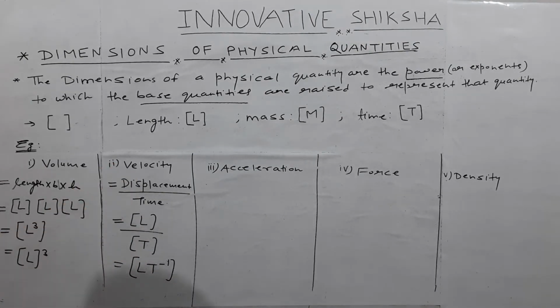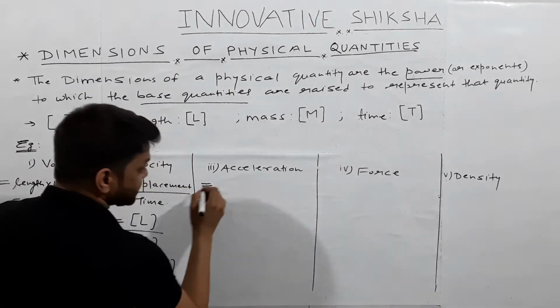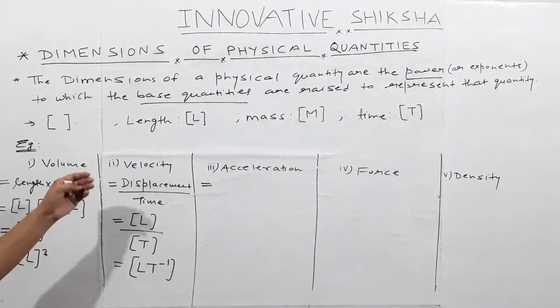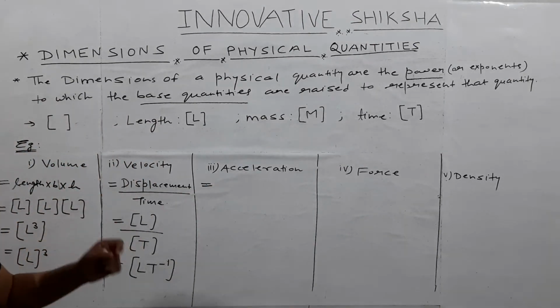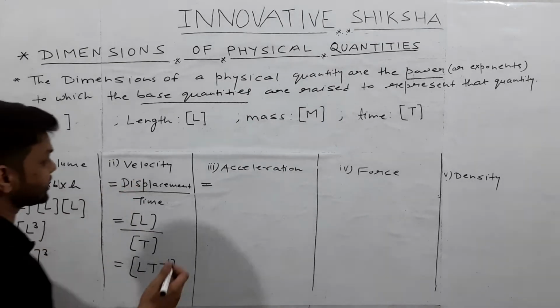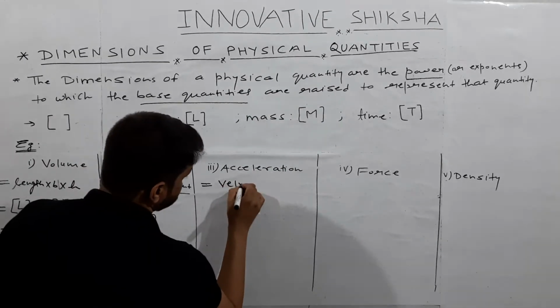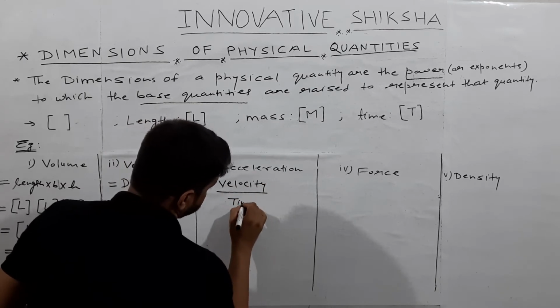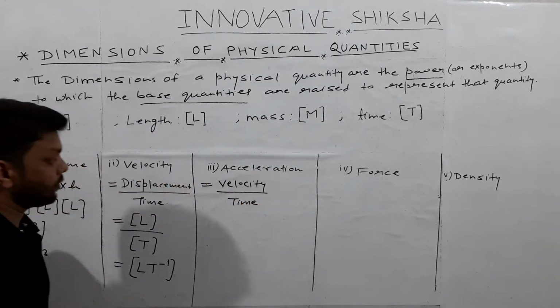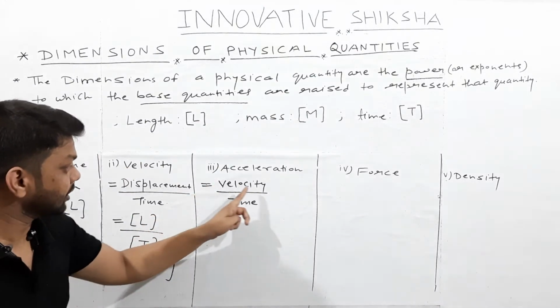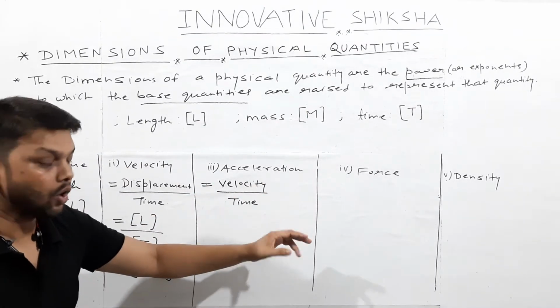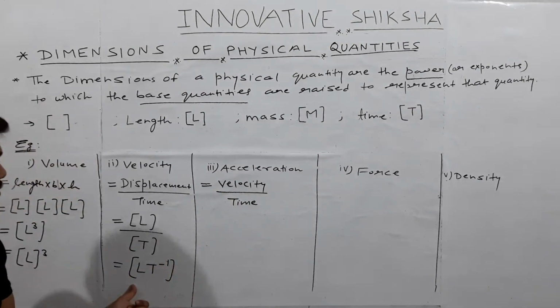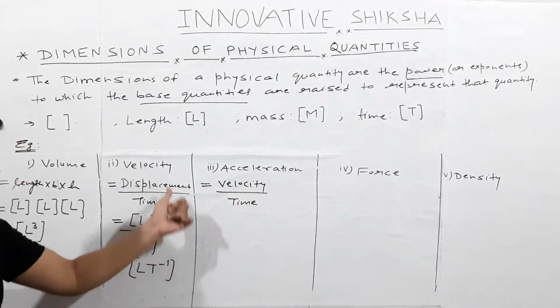So let us come to the next one, acceleration. So what is acceleration? As you know, acceleration is the rate of change of velocity, right? So rate of change of velocity, that is velocity upon time. So either we have to convert velocity in its base unit, or we can check from this also, because we have already found the dimension of velocity.